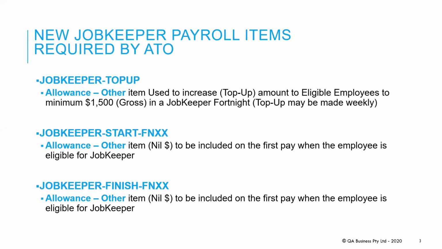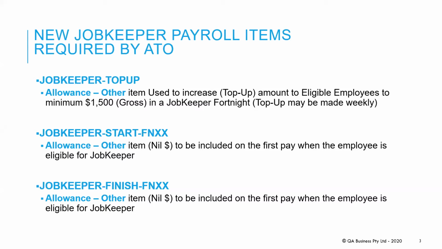So first of all, there are new JobKeeper payroll items that are required by the tax office. They must be set up and they're used in certain circumstances. They need to be set up identically as to the wording here, the uppercase, the dashes, and so forth. First one is JobKeeper-TOPUP.